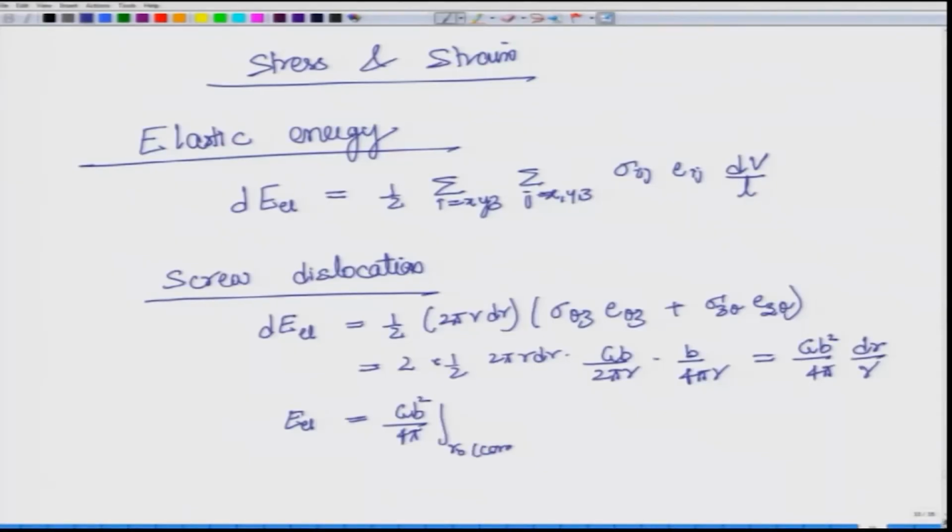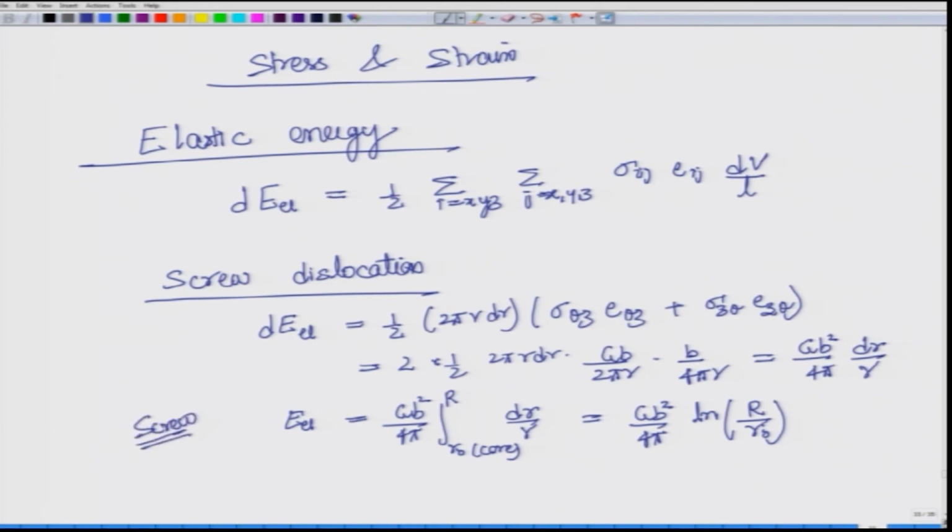So, we will go from r naught, which is equal to the core radius, to some large radius r, beyond which we will say that there is no elastic field, dr by r, and this comes out to ln r by r naught. So, this is for screw dislocation.